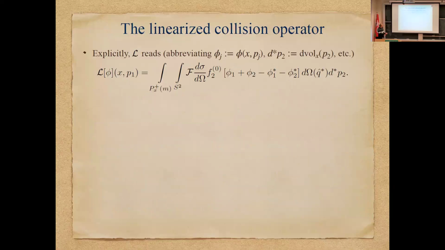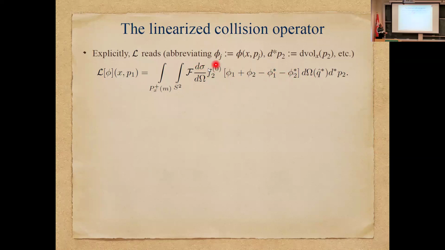And then the way you analyze this integral operator, this goes back, by the way, to very old ideas by Hilbert himself. So let's write it down explicitly. If you write it down explicitly, you have this integral here. And then you have here phi evaluated at p1, p2 minus phi evaluated at p1 star, p2 star.